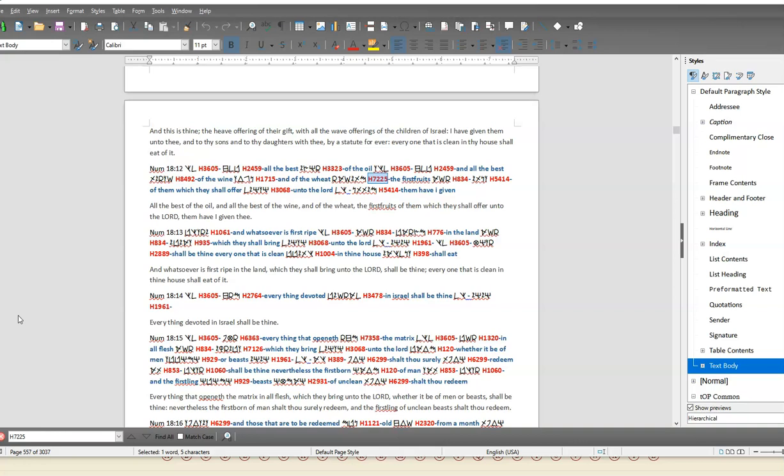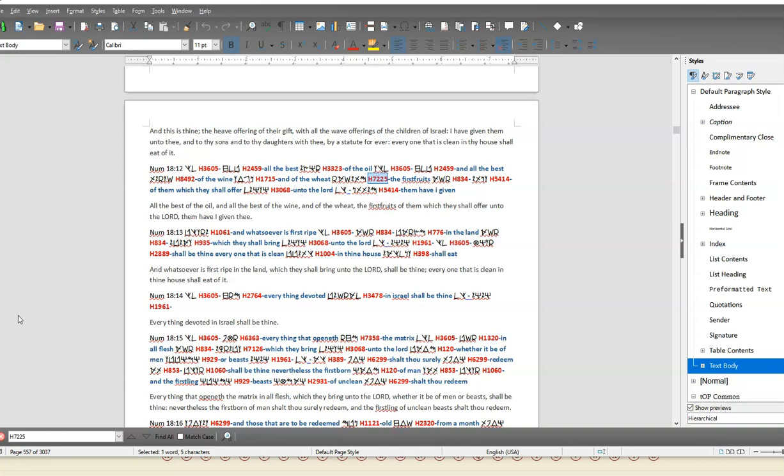So we're supposed to believe that's first fruits, and the M at the end, I would say, is referring to them, everything that it's just named, not a plural. Rashitem asher yitanu. So, the best of them which you give, and then la Yahweh, to Yahweh.